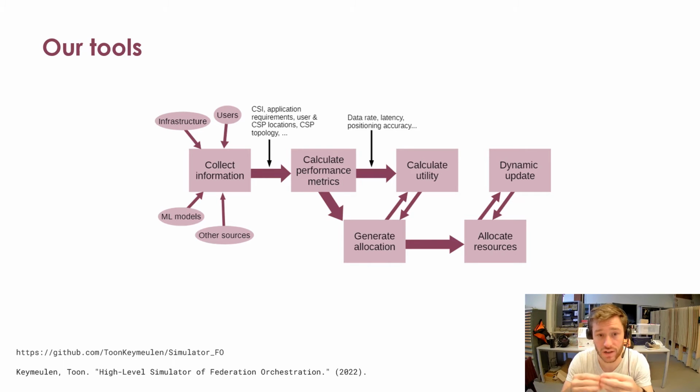And then we need to evaluate our resource allocation solutions, and we need to perform the resource allocation in turn. And then we need to do this in a dynamic way to update according to the movement of UVs, new user equipments entering the infrastructure.